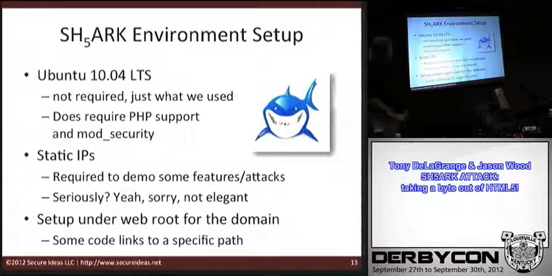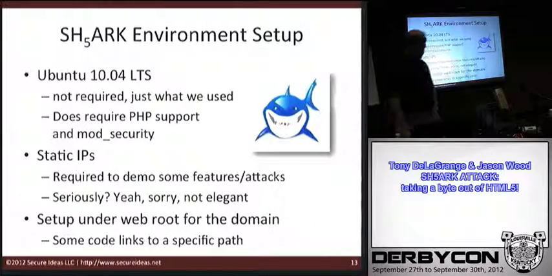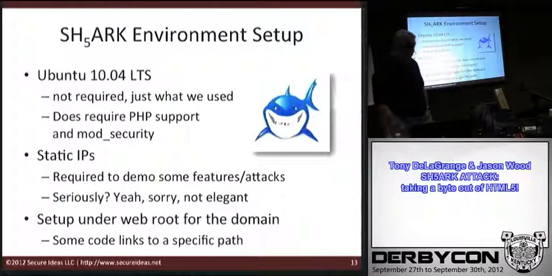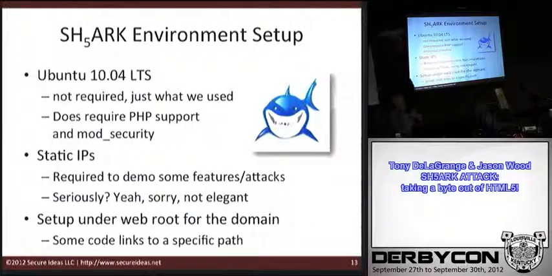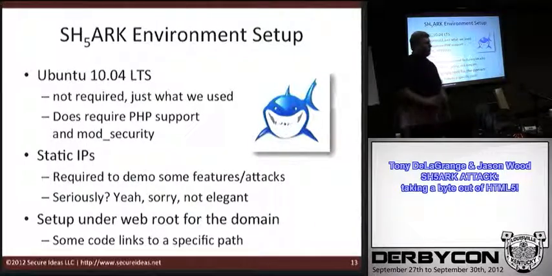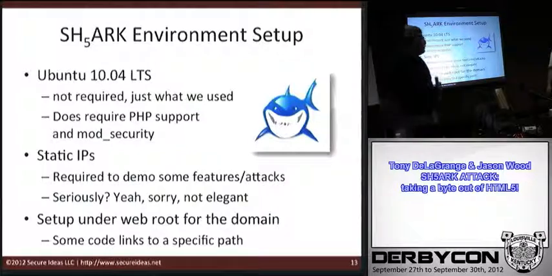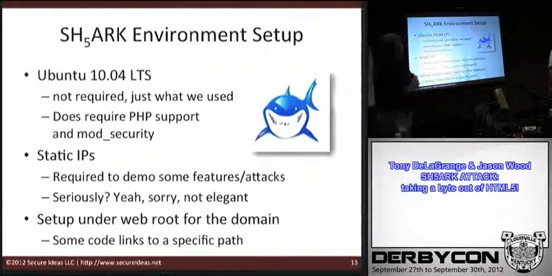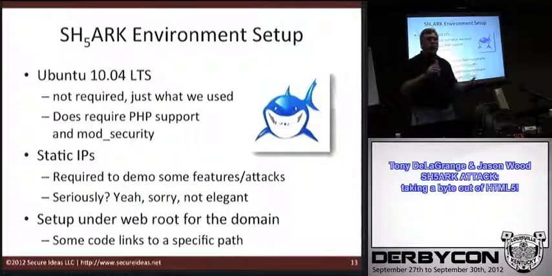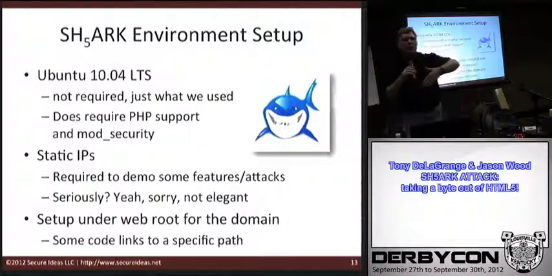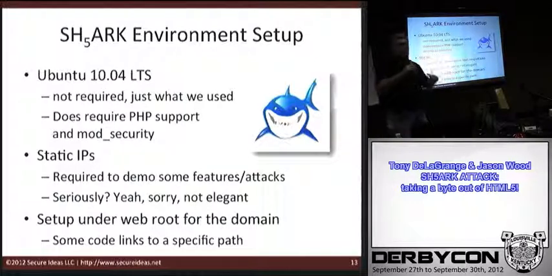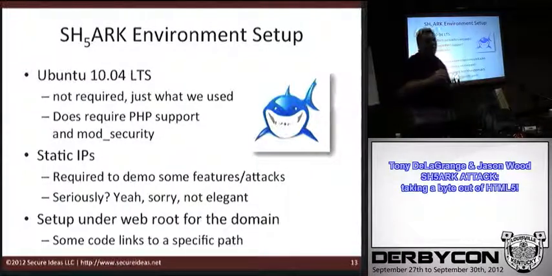There are some issues, though. When we delivered this to DARPA, we gave it to them in a VM all ready to go, so there are some static IP addresses coded into it at this point, which is something we're working on. It's definitely not the most elegant. But it was something we had to do to get some of the features and attacks to work, because they do a cross-domain type of connection. We want to be able to demonstrate that, so we used some static IP addresses in that setup, and the code is coded that way.